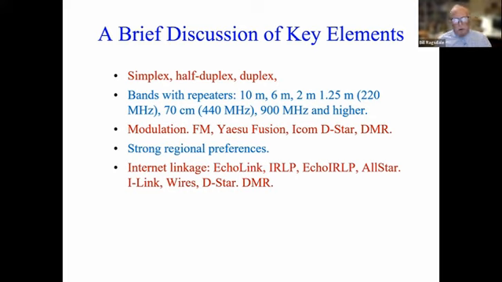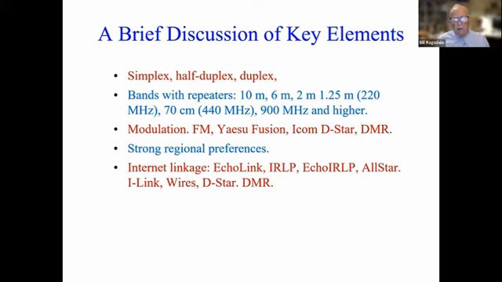A great expansion for repeaters has come through internet linkage. There are a number of ways they link. Sometimes they are linked by RF. You'll have back channels on 2 meters or 440 linking repeaters together, but the more common use these days is by internet. The internet techniques, the first one is called Echolink. This is very flexible, very available. It operates on cell phones and is easy to add on to a repeater, even if you do not have internet at the site itself.